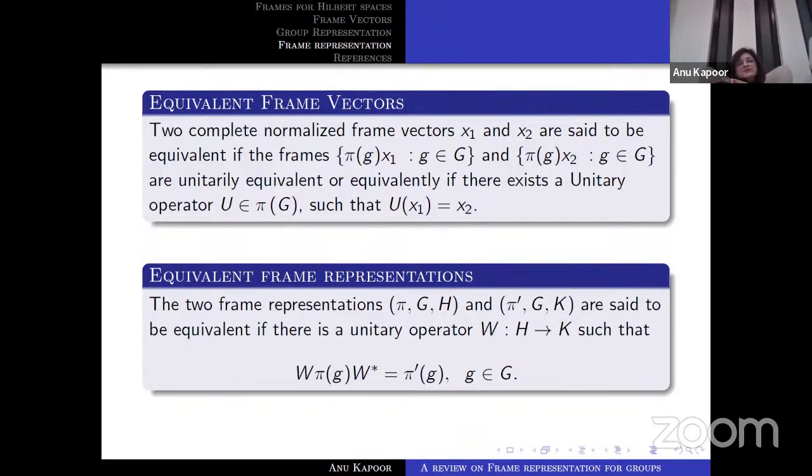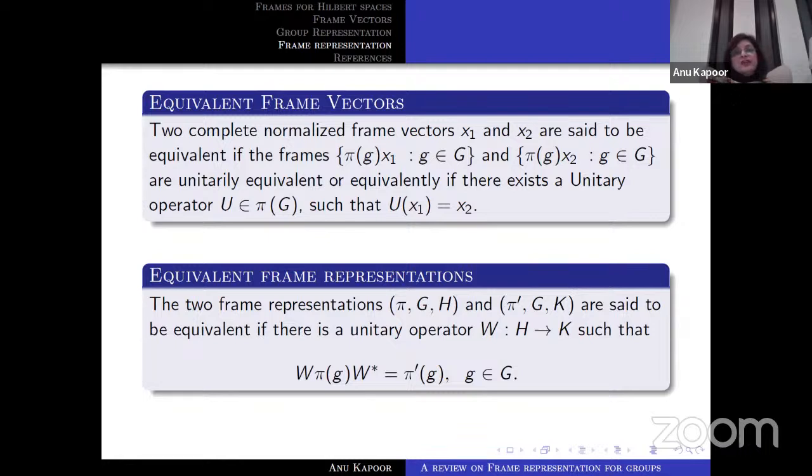Now, similarly, as we've defined equivalent frames, we define equivalent frame vectors. Two complete normalized frame vectors, x1 and x2, are said to be equivalent if the corresponding frames are equivalent, or equivalently, there exists a unitary operator u belonging to π(G) such that ux1 is equal to x2. Now, the two definitions are just the same.